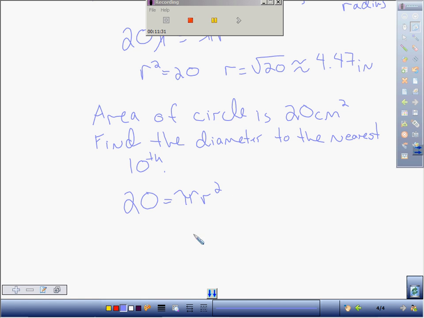So first thing I have to do is take 20 and divide it by pi, and then I take the square root of that answer. So r is going to be equal to the square root of 20 divided by pi, and it's better to leave all this stuff in your calculator. You don't want to do 20 divided by pi and get a rounded off answer and then take the square root of it. It's better to do it all at once in your calculator.